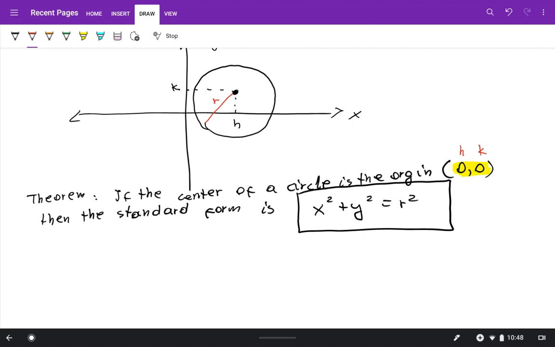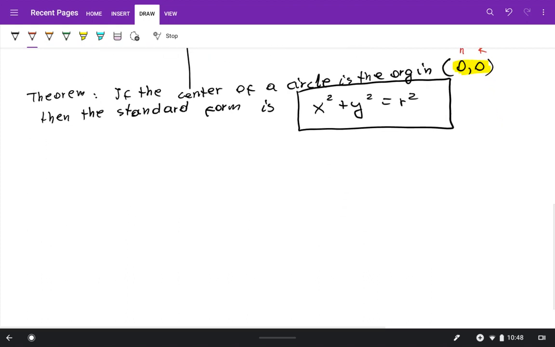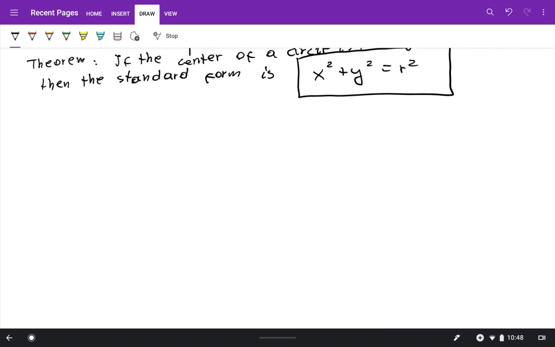Okay, so next I'm going to give you the definition of unit circle.